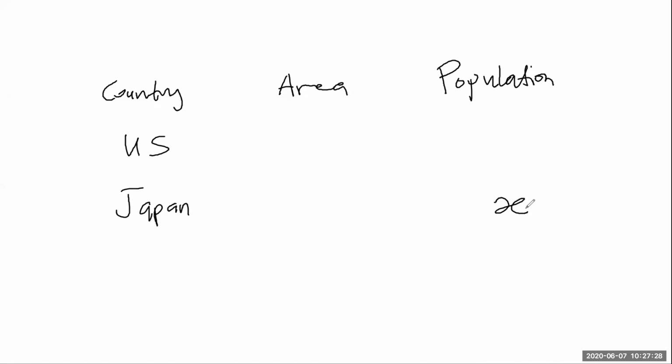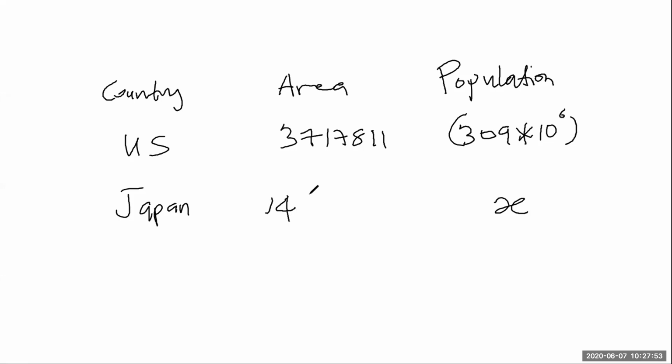So the US has a square area of 3717811, and the population is 309, and this is in millions, don't forget that. And the square area for Japan is 145,883.